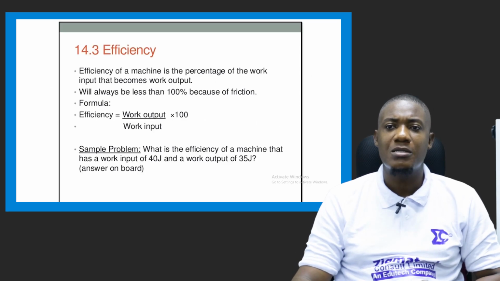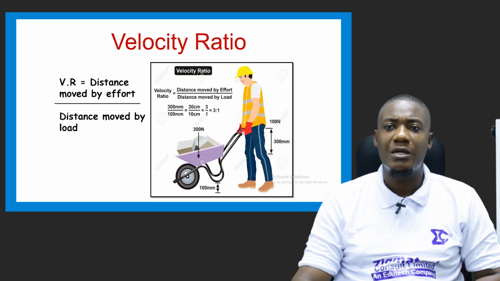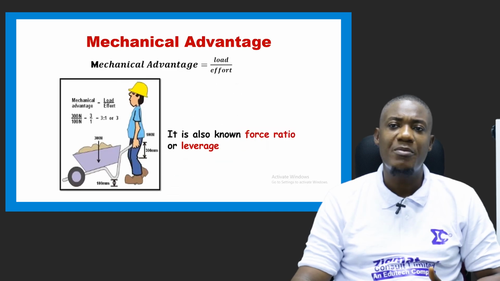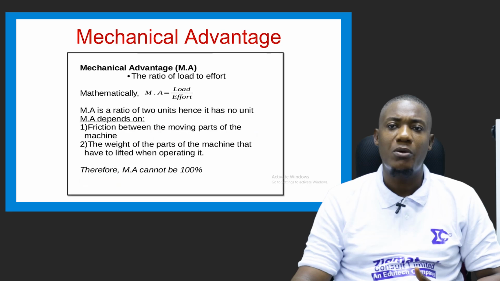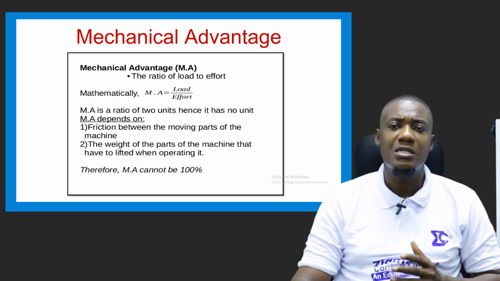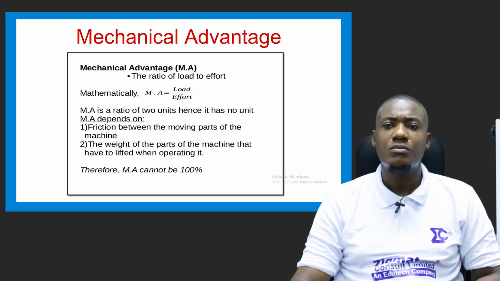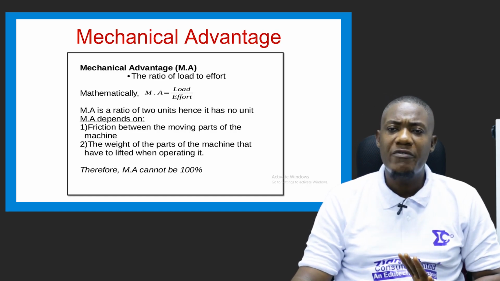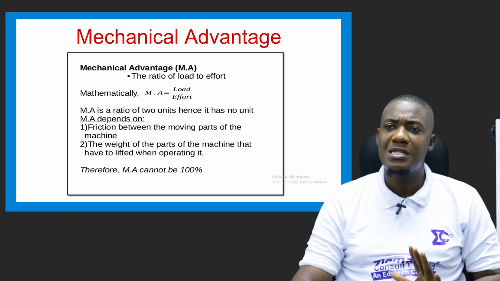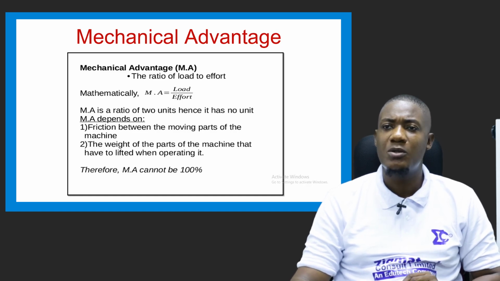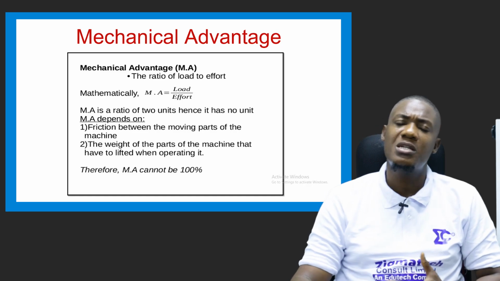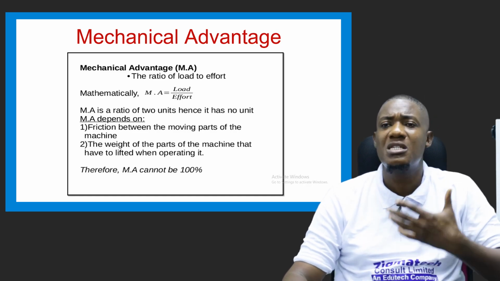Let's talk about some terms that we use in describing a machine. Number one we want to talk about here is mechanical advantage of a machine. Even in simple terms, as the word advantage, what is the advantage of using this machine?